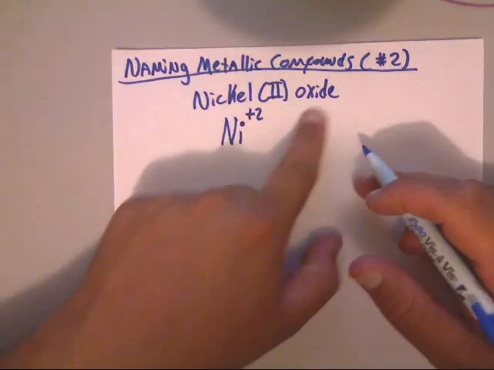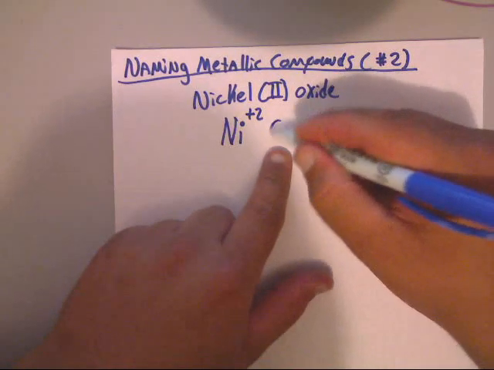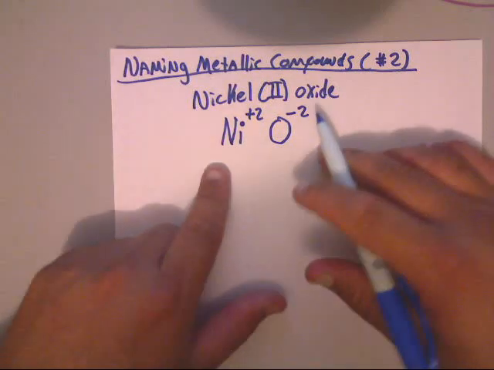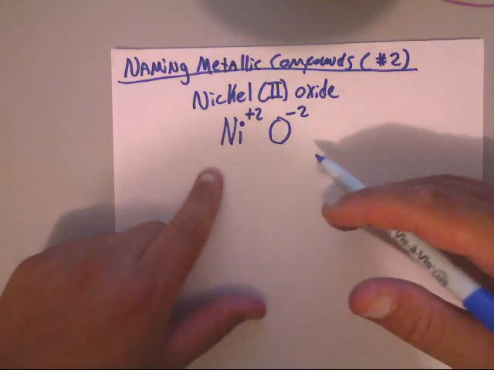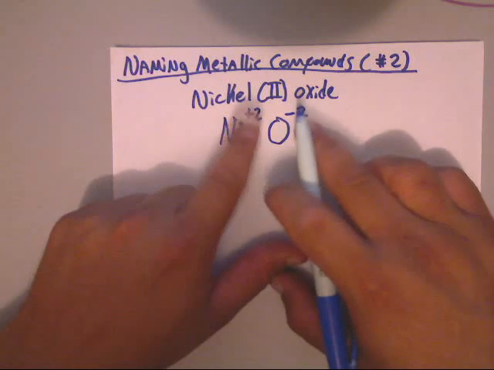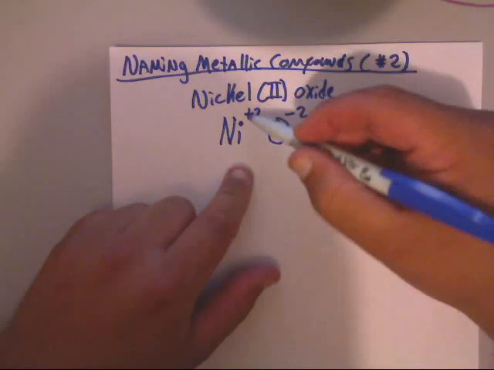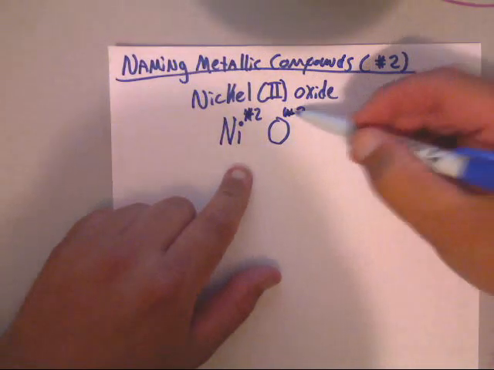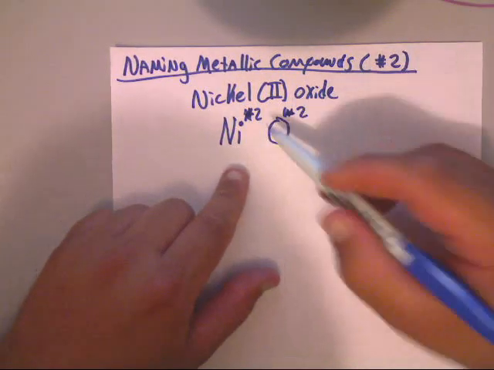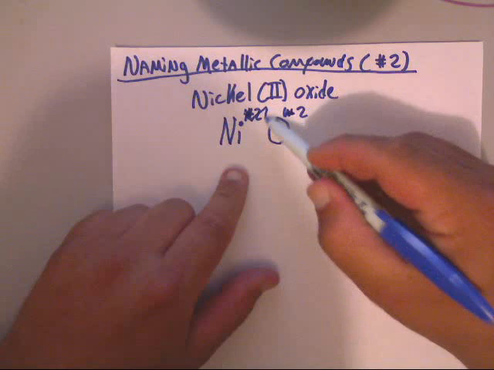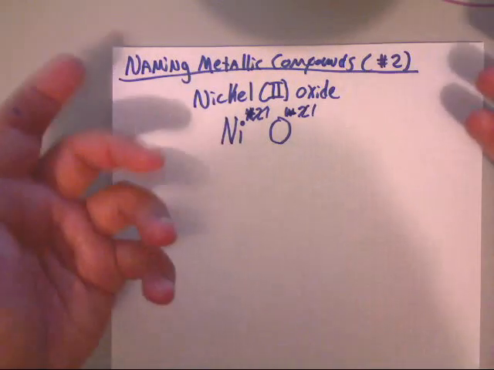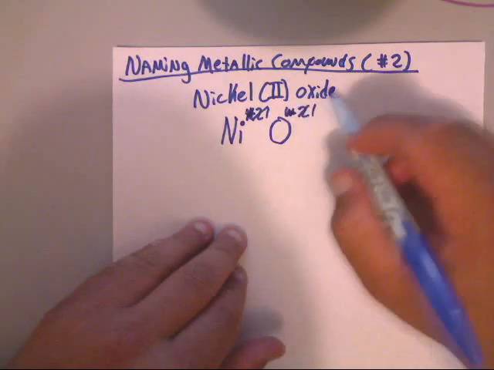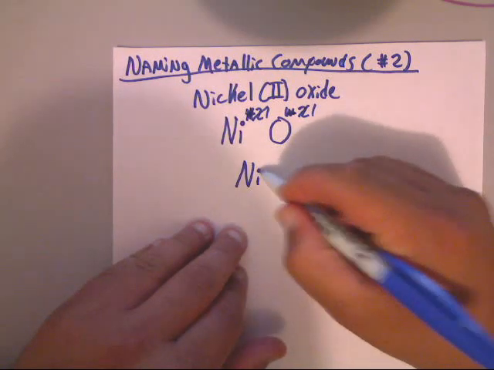Oxide, we know oxygen is O negative 2. Just like in the earlier videos doing ionic compounds, we can reduce these. The pluses go away, the minus goes away, so you're just left with a 2 and 2. The 2's can be reduced to a 1 and a 1, and remember, we don't write ones. So the formula for nickel 2 oxide is just NiO.